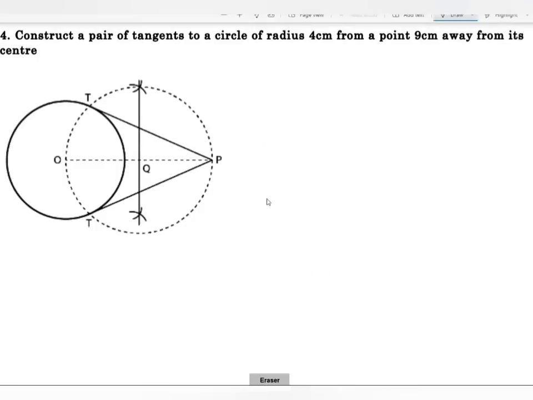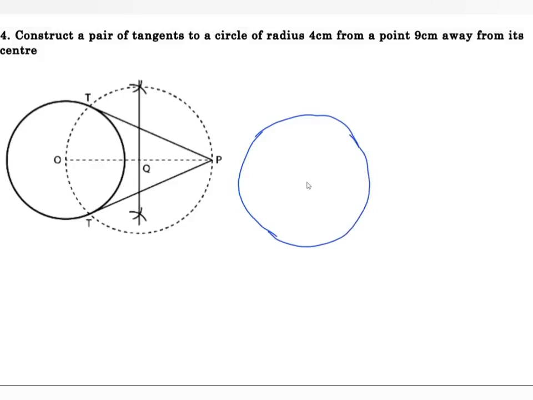Draw a circle of radius 4 cm. I'm not able to do it properly because I'm not using the compass. Draw a circle of radius 4 cm from the point O, that is O is the center of the circle.